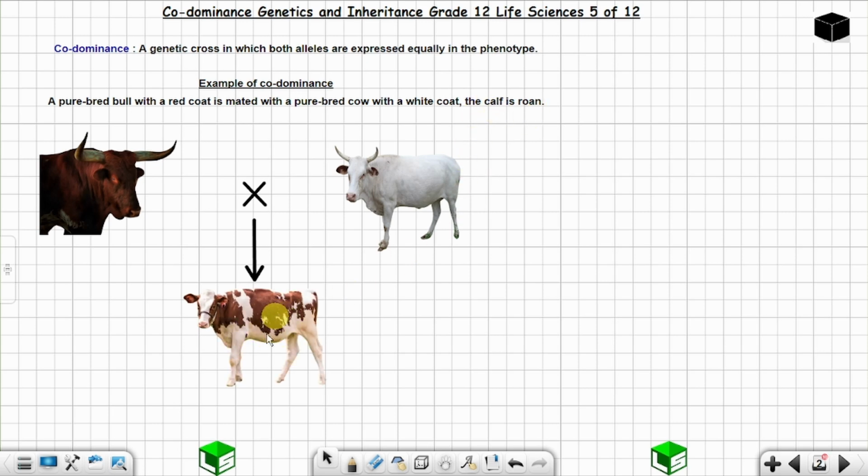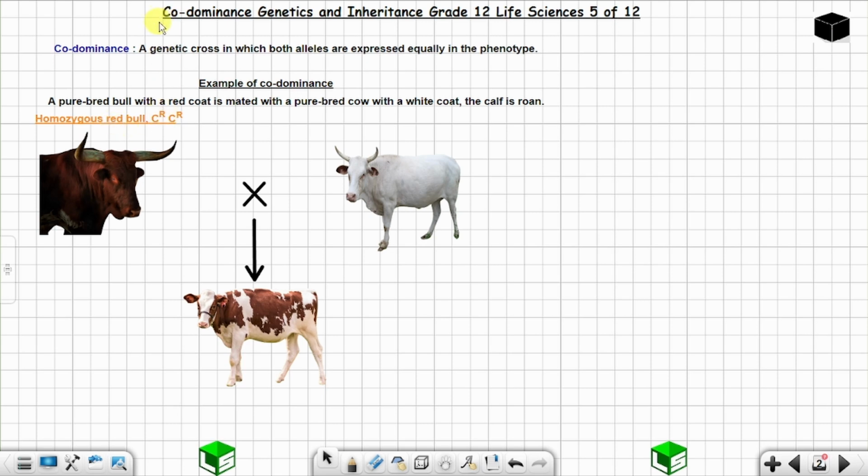So you have a purebred bull with a red coat. Purebred means homozygous. The male of a cow is known as a bull. So this is a homozygous red bull, with R and R, two of the same letters, R for red.